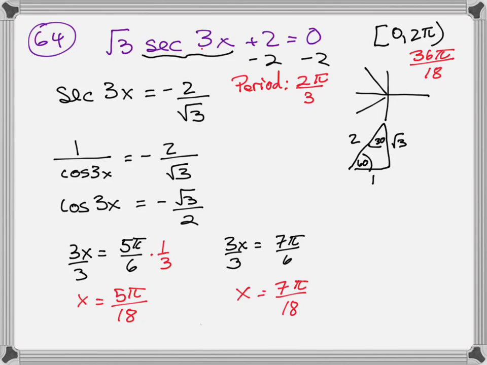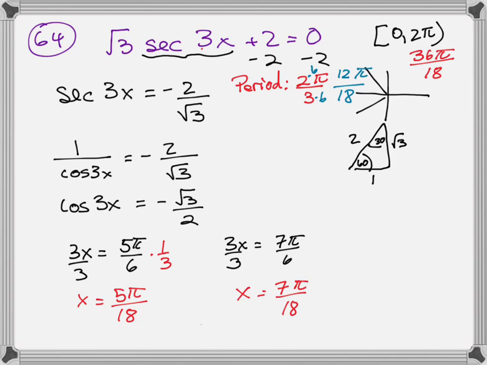But to make this easy on us, we're going to change the period into a denominator of 18. So you're going to multiply by 6 here. So that gives us 12 pi over 18. Okay, so off we go.